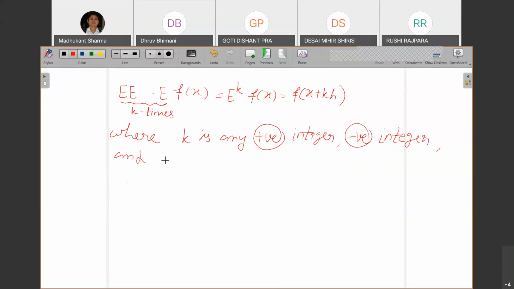k can also be any fractional number, any rational number. E to the power half f of x is defined by f of x plus h by 2.